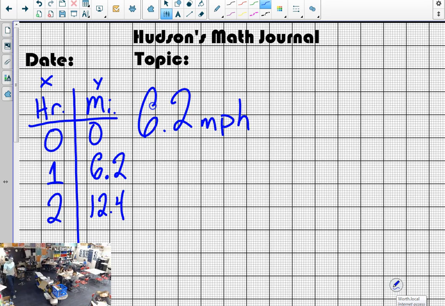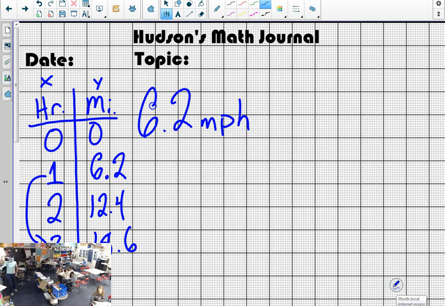Now here's the trick with using these tables and building graphs. Always reference the 1. How do I go from 1 to 3? Triple. So if I triple 6.2, 18.6. If I go to 4, I quadruple.